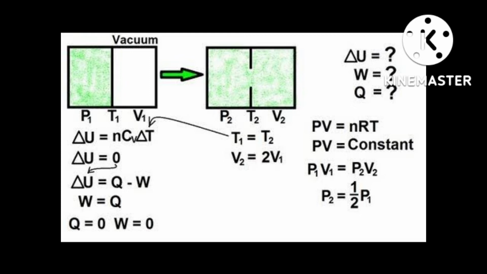Now again you can see that delta U is equal to Q plus W, so Q is equal to delta U minus W. For an isothermal irreversible and reversible change, delta U is equal to Q plus W can be expressed.